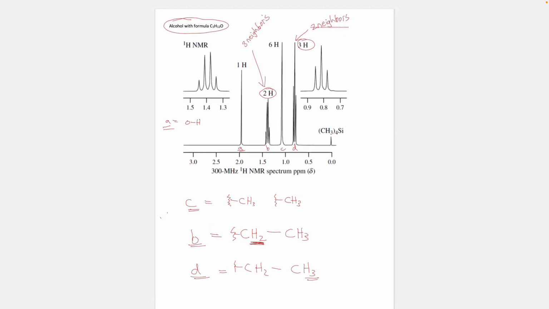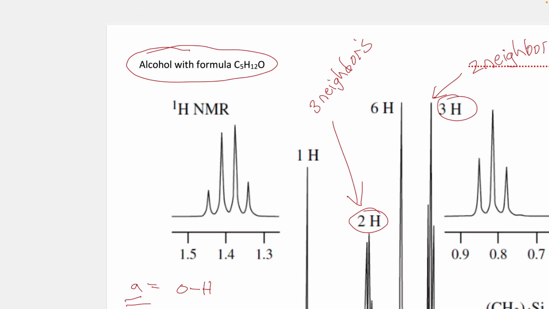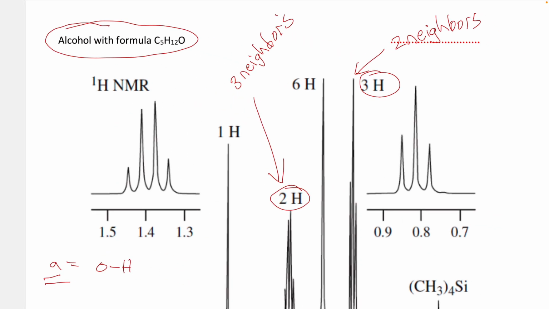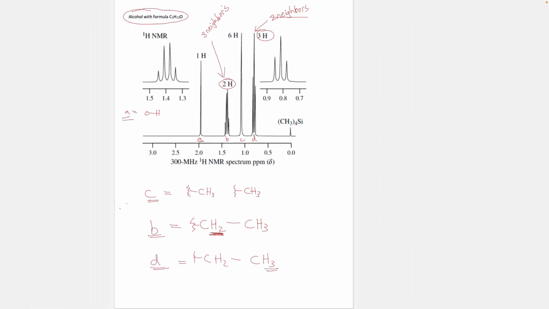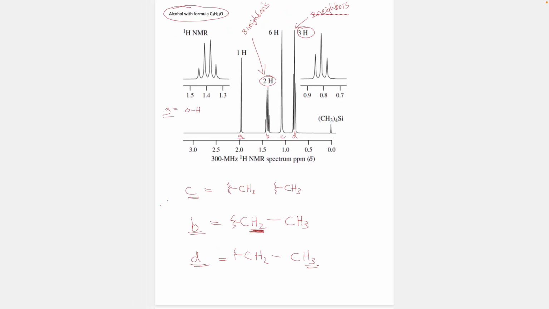We know from the hint up at the top that this molecule has 5 carbons, 12 hydrogens, and an oxygen. Let's make sure we've accounted for those with the pieces that we have. We have an OH right here, so that accounts for the oxygen and one of the hydrogens. Let's count up all the other hydrogens.